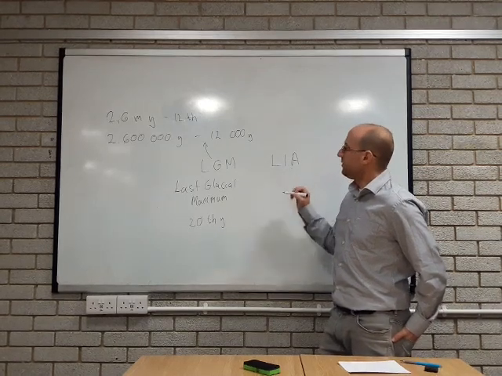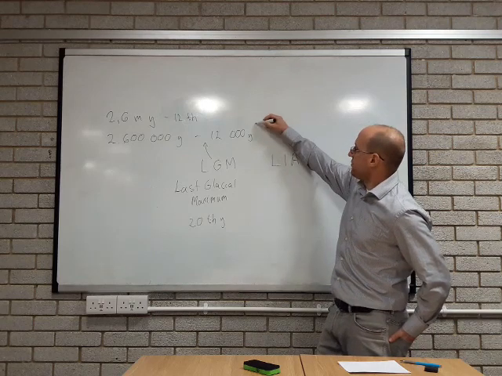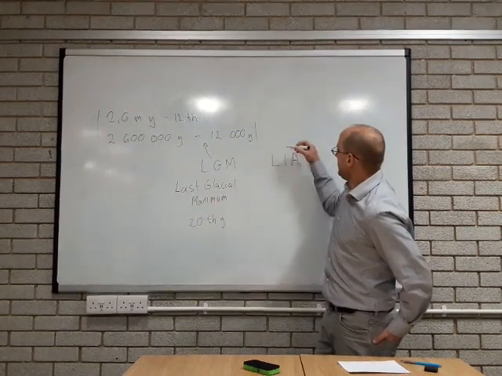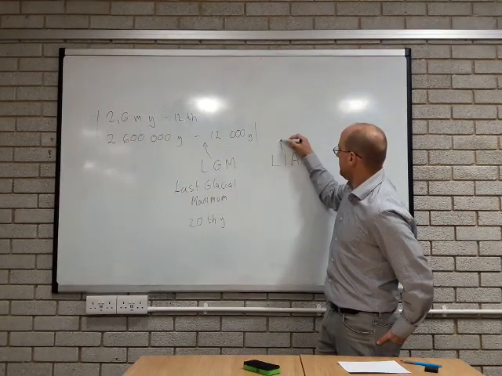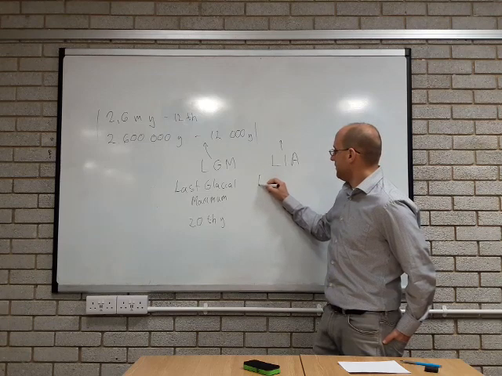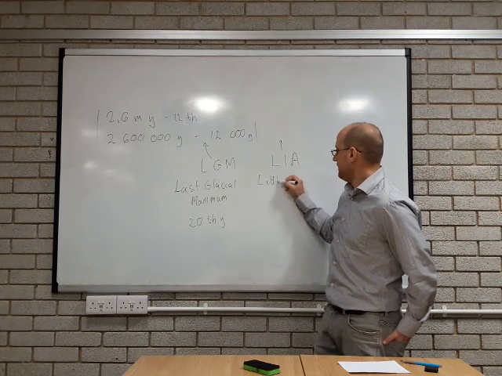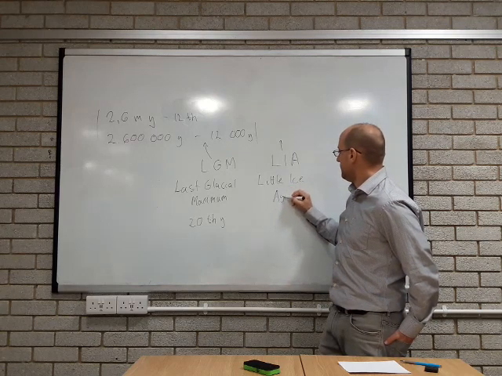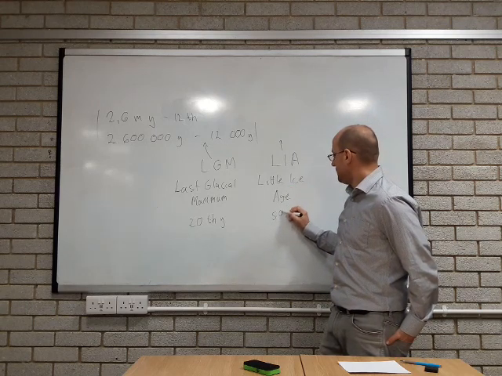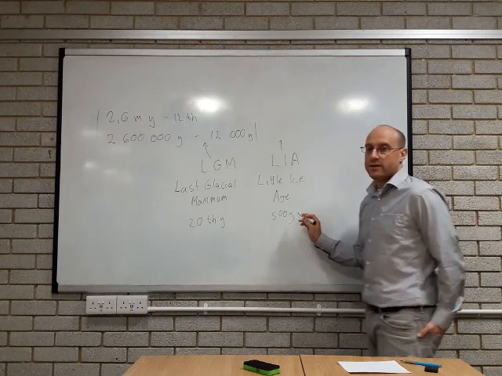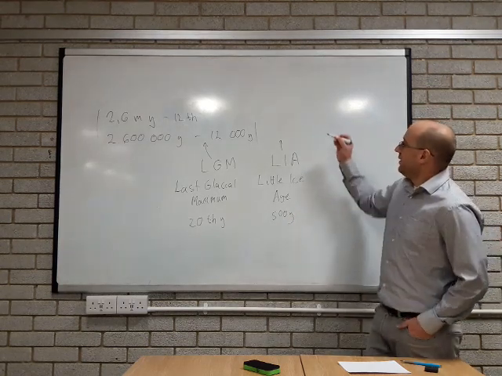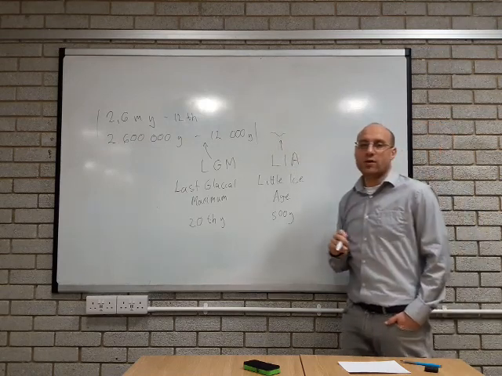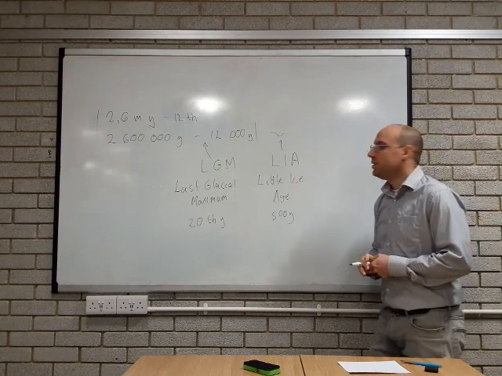And the little ice age will be actually after what we would consider the ice ages, and it's like 500 years ago. So this is little. And only 500 years ago, we found a period with lower temperature around our planet.